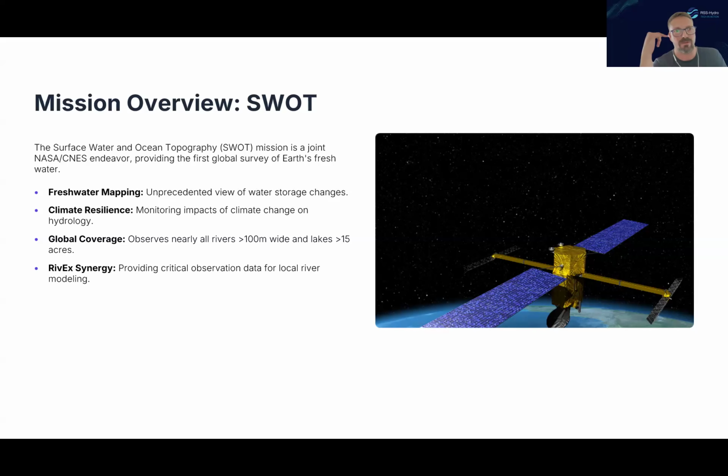Are we doing enough for forecasting? No, it's not doing that. It's asking questions of, can we actually map the changes of water storage? Can we actually map something on climate resilience? So can we understand how the hydrology of rivers and lakes and oceans are changing? And then can we actually continuously map this globally?